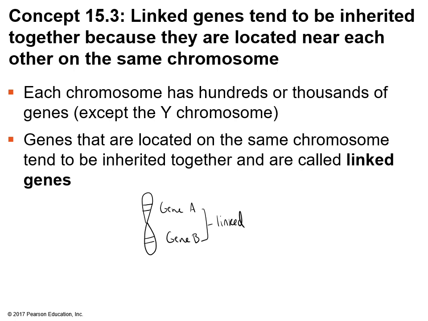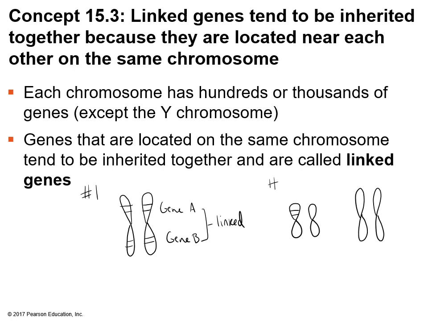However, if we had another chromosome, for example, two different types of chromosomes, so right here, I'm going to draw the homologous chromosomes. So this is possibility 1, possibility 2.